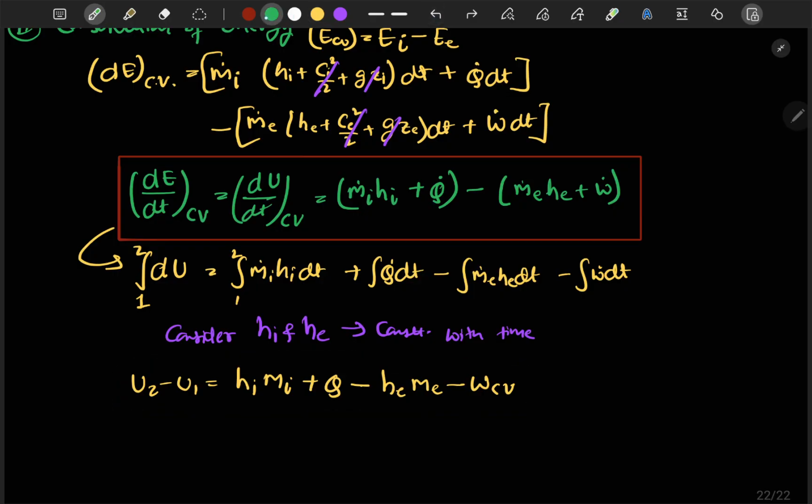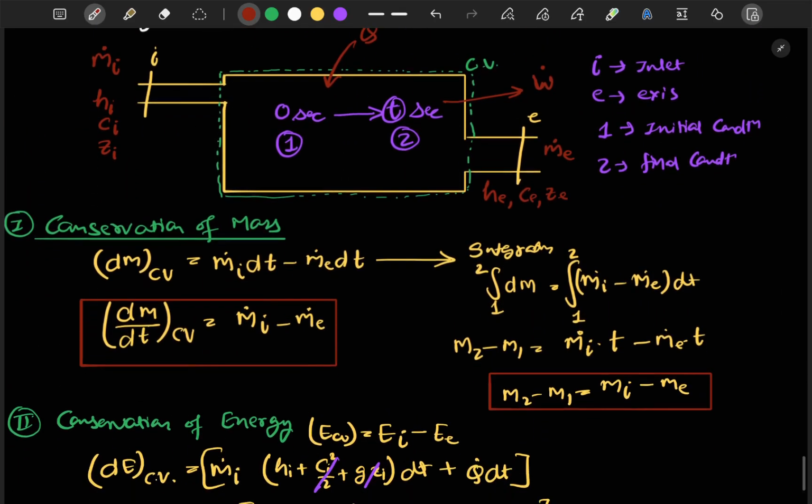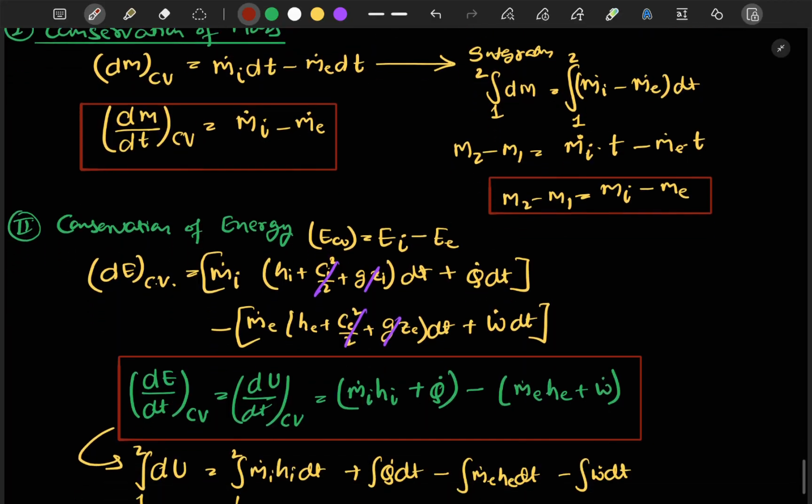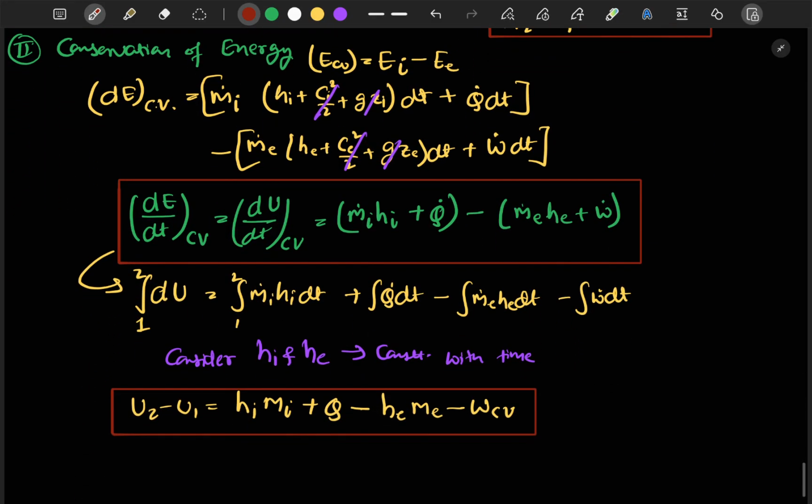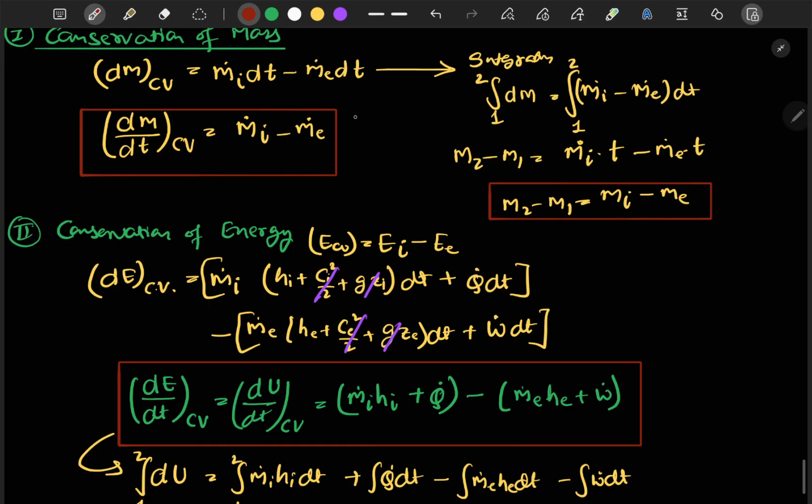This equation can be directly used in the subsequent questions which we will be doing. These two equations are the main equations.